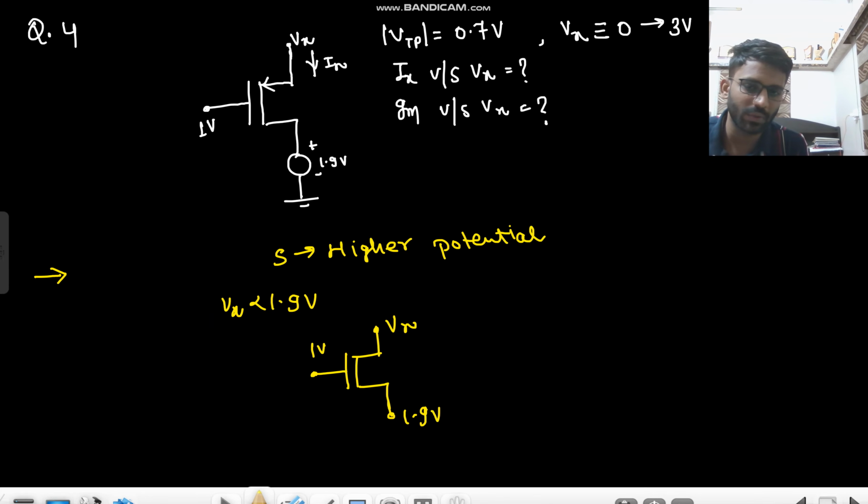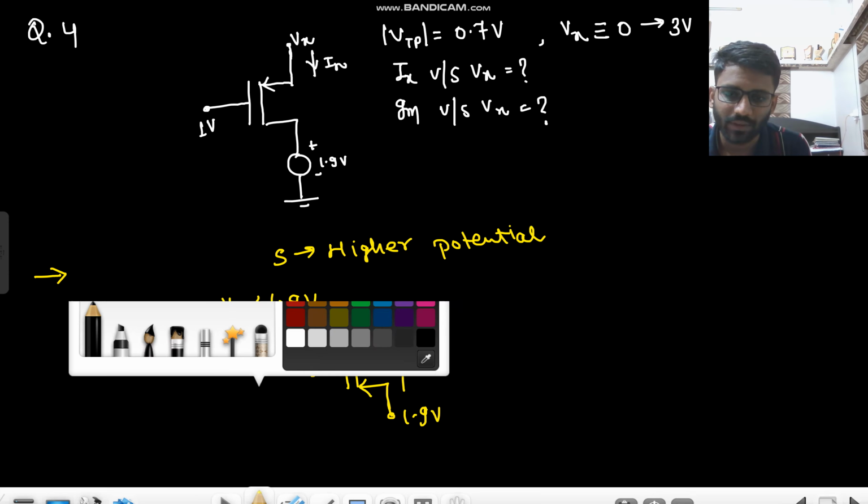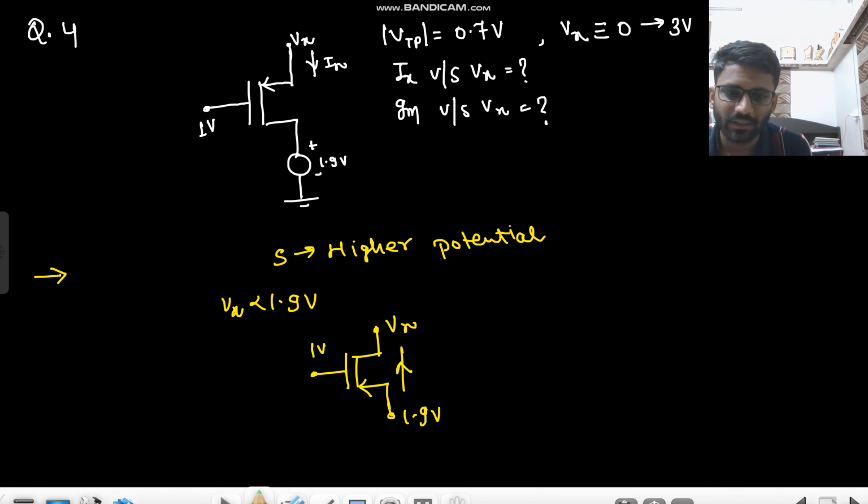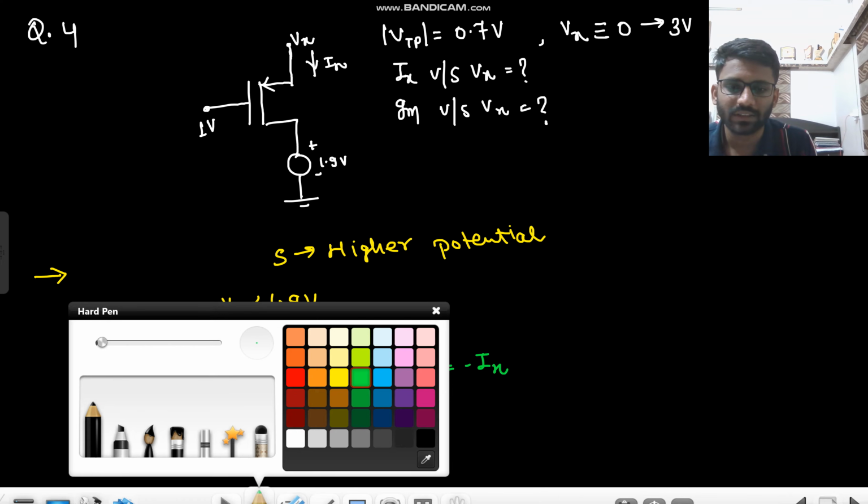The arrow will always be at the source. So this will be the current. Let me write, this is source, this is drain, this is gate, and this is ID, which is equal to minus Ix.